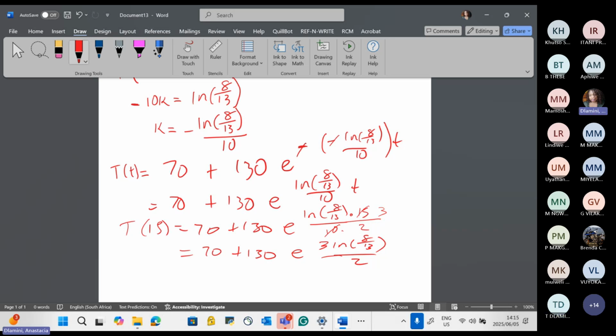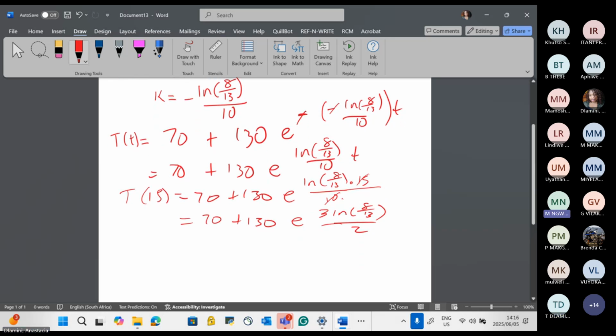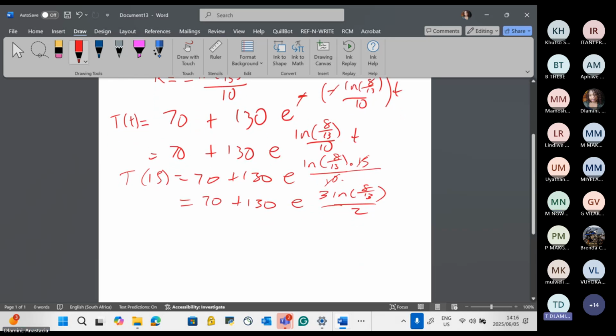Okay. Yes. And then we take the 3, and where did it go? It went in front here. Multiplication is commutative.